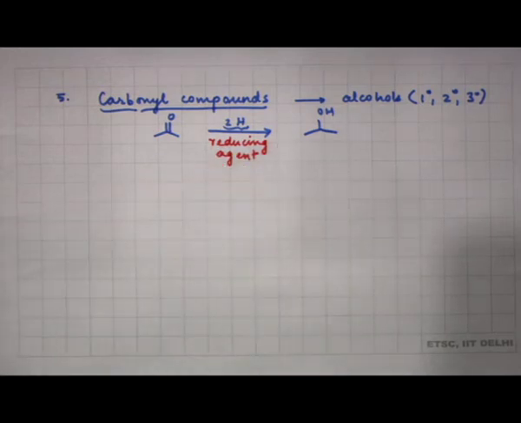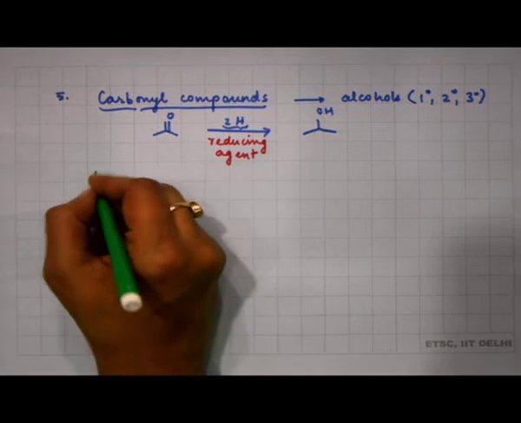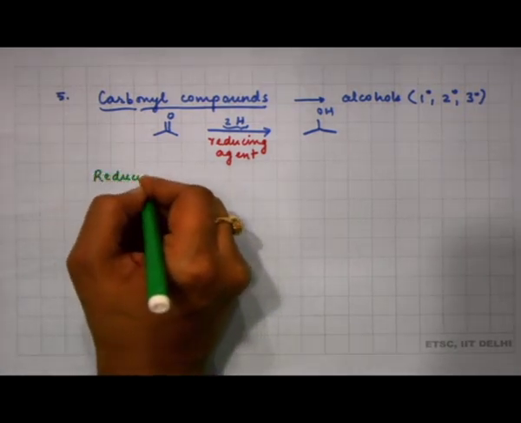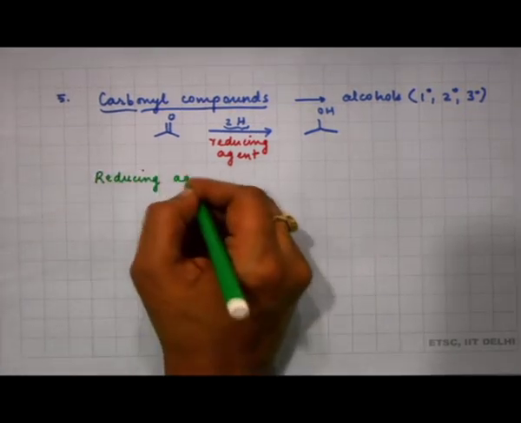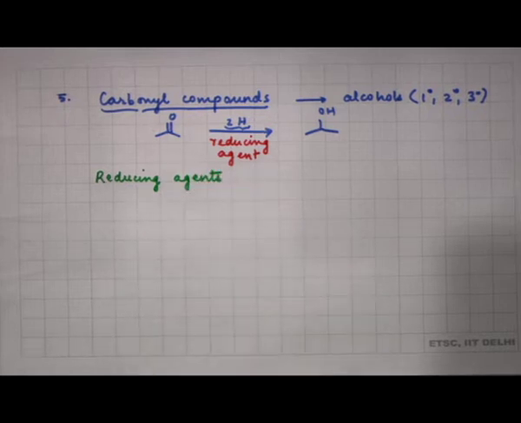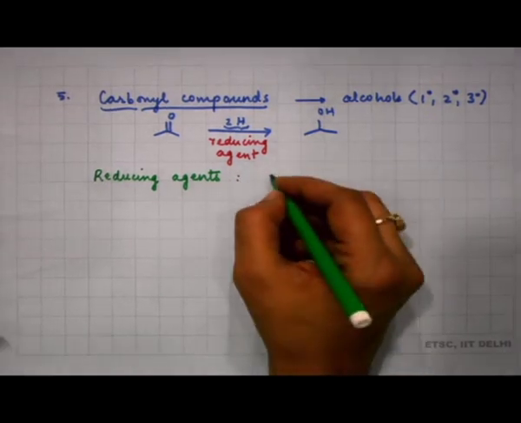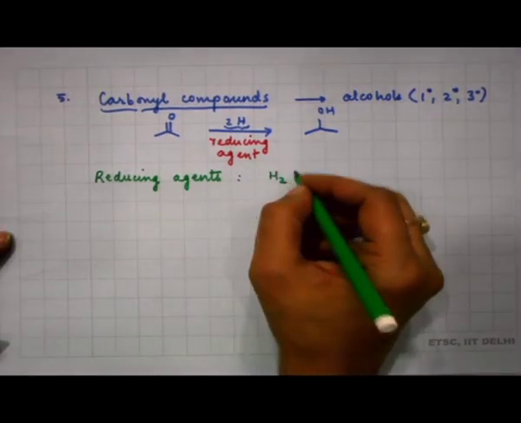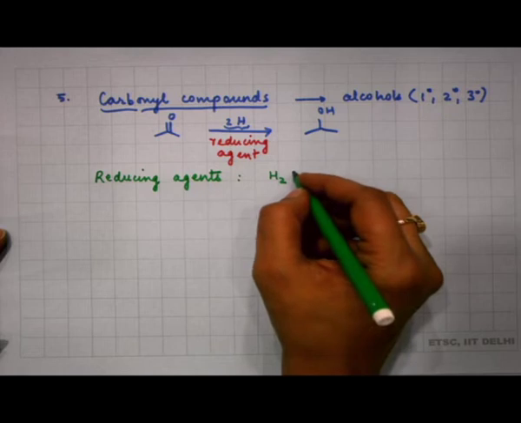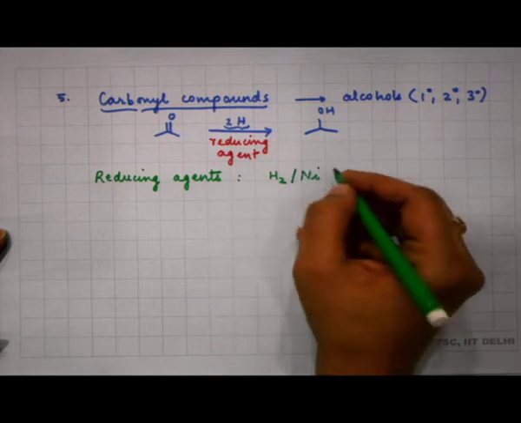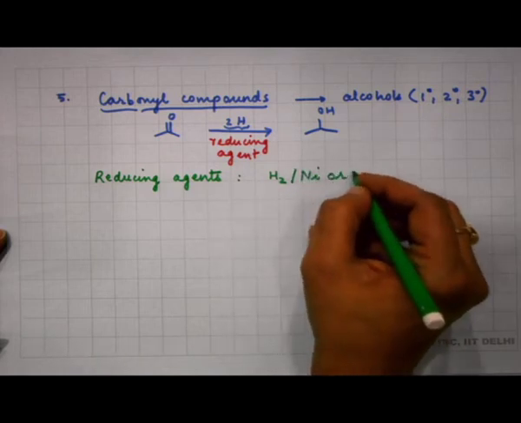So, these reducing agents can again be very many. There is a huge list of reducing agents which can be employed to carry out the transformation of a carbonyl compound to an alcohol. We can use a hydrogenation system like hydrogen in the presence of any transition metal catalyst like nickel or palladium.